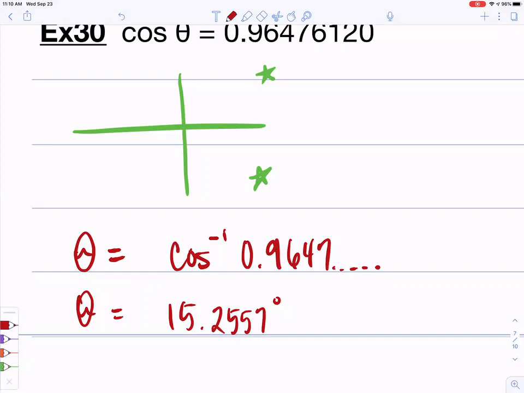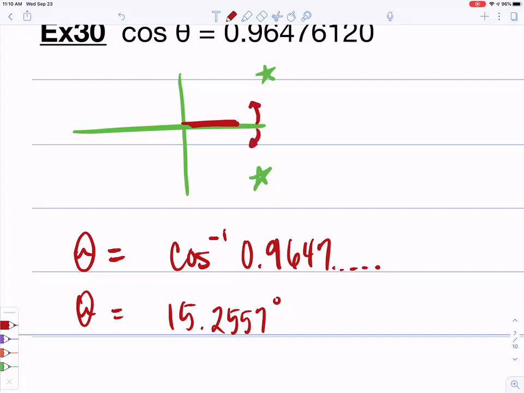Okay, so now let's apply that knowledge to what we're looking at. I need a fourth quadrant angle whose cosine value, its x value, is the same. My x values are unchanging. So if I go up 15 degrees, what am I going to do to get my fourth quadrant angle?